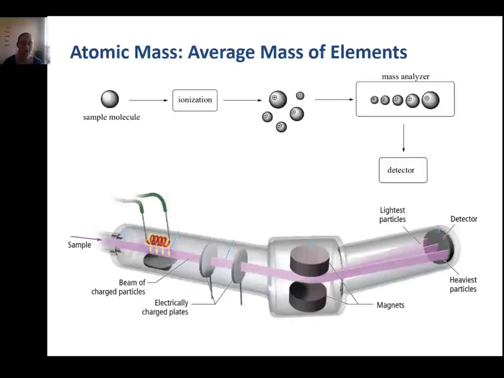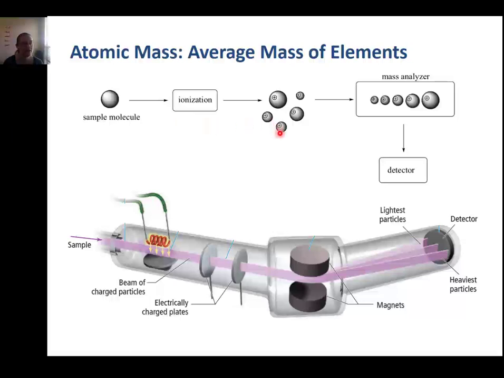So in mass spectrometry, a sample atom or molecule is first ionized by interaction with a beam of electrons. This process removes an electron and results in a positively charged cation. Most often this has a +1 charge, and so we can assume that is the case for the purposes of this class.